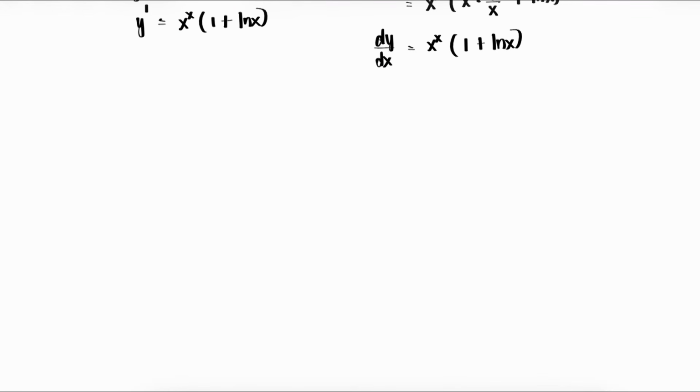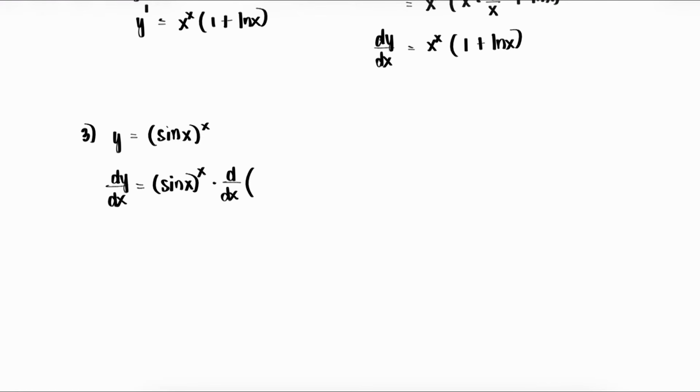Okay, another example. We want to find the derivative of y equals sine of x to the power of x. If we're going to use that formula right there, dy/dx is equal to, you just copy the given, sine of x to the power of x, and multiply it by the derivative with respect to x of v ln u.